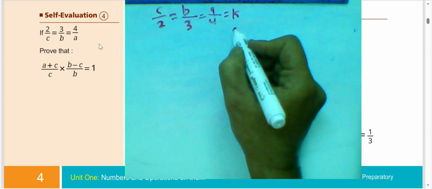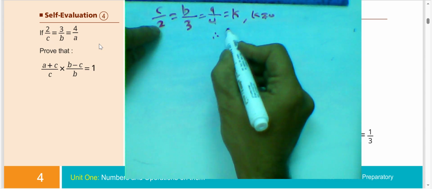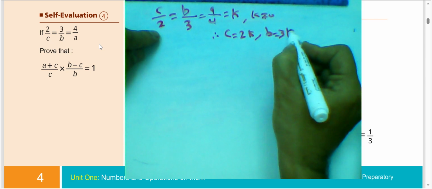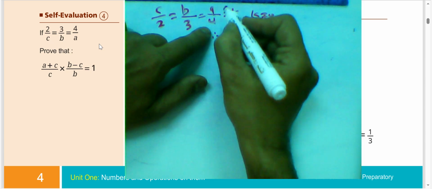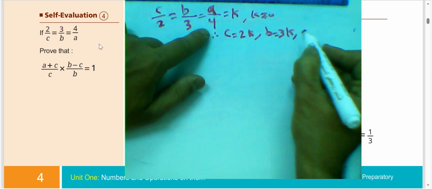We can introduce the constant k, where k is not equal to 0. Then c equals 2k, b equals 3k, and a equals 4k.